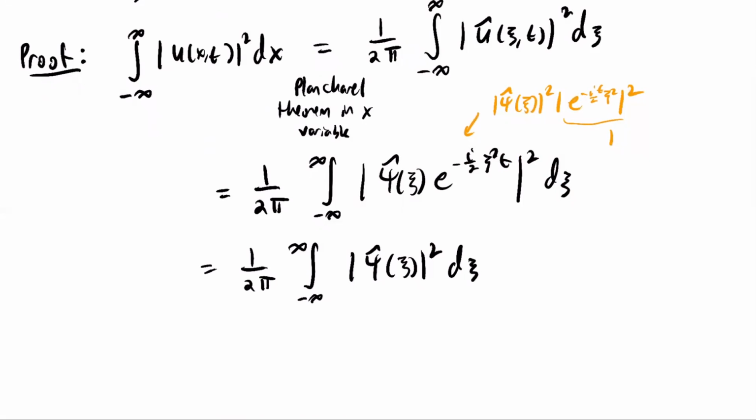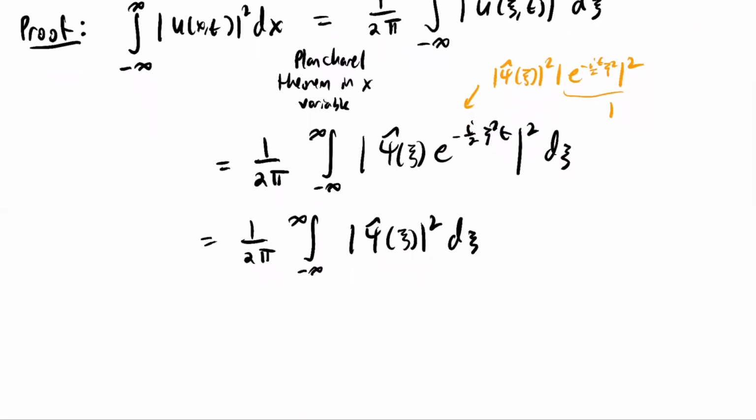But now we're going to apply the Plancherel theorem again. So by using Plancherel again in x, this is equal to the integral from minus infinity to infinity of |c(x)| squared dx.